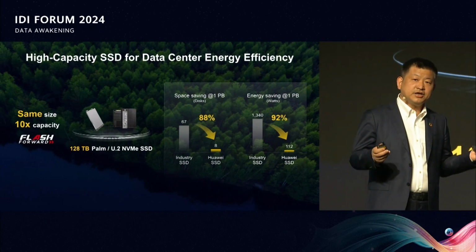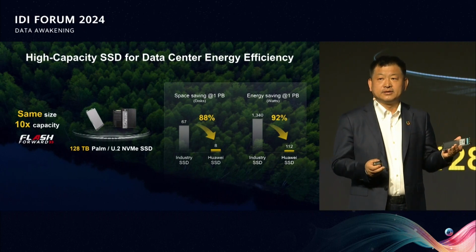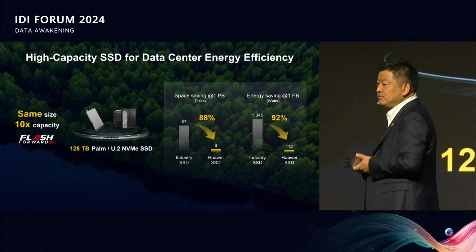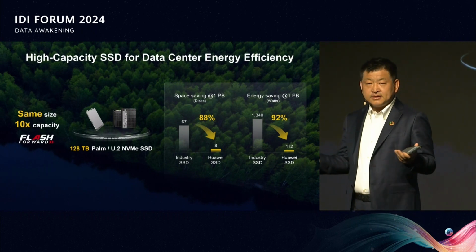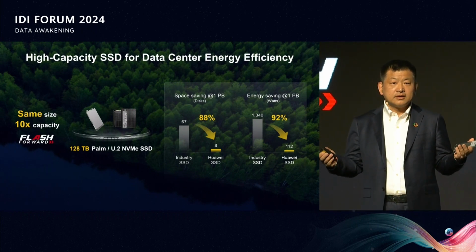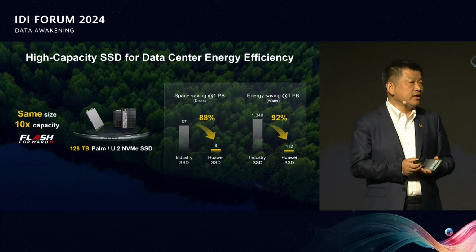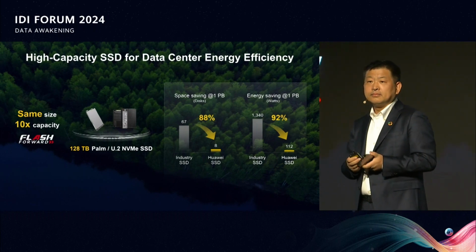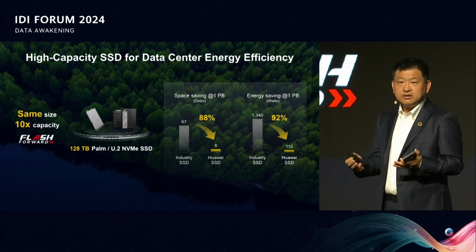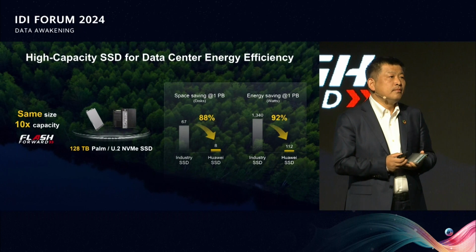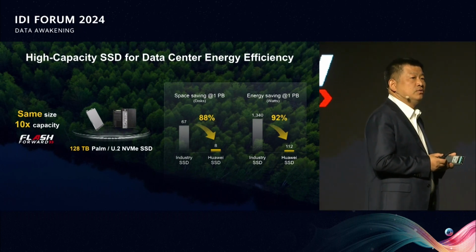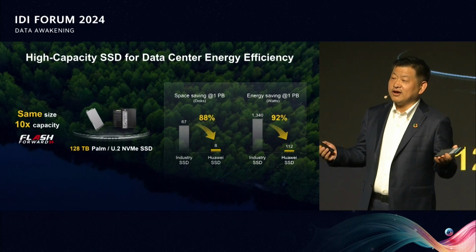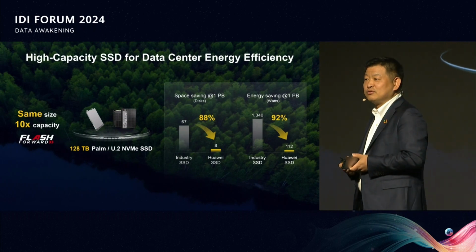By using stacking technology in the chipset, we can reach this. By doing so, the space in the data center can be saved by more than 80%, and the energy per PB can also be saved by more than 90%, which is amazing. How did our engineers realize this product?